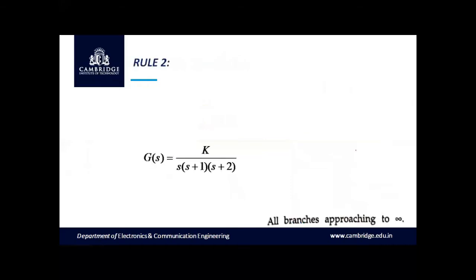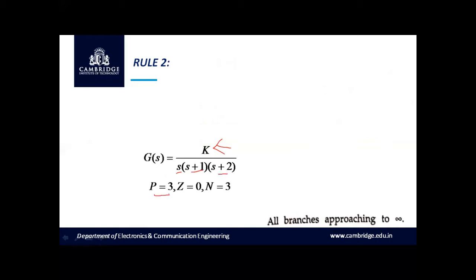So for the same rule, I have taken an example. G of s is equal to k divided by s into s plus 1 into s plus 2. From here, it is very clear that we don't have any open loop zero in the numerator. We have three poles, that is s is equal to 0, s is equal to minus 1 and s is equal to minus 2.